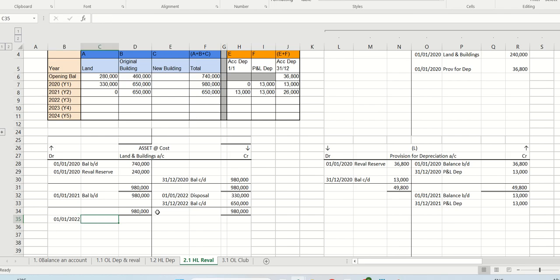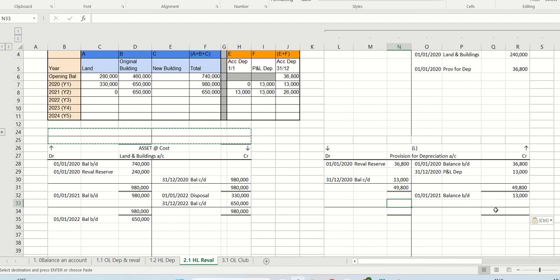22. So we're starting off again now with 650 on there, which is looking good. And we're going to balance this guy. So ruler, guys, single line for the adding line, and double line then under your totals. Did I forget to enter my depreciation?